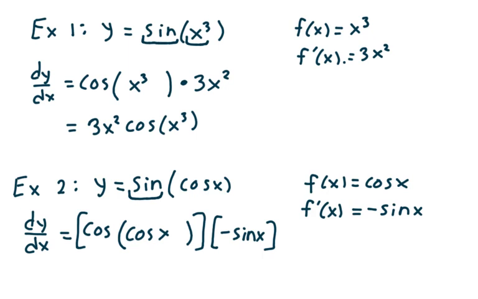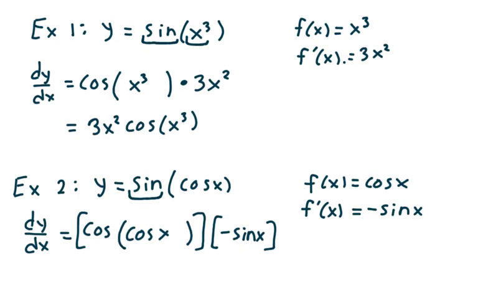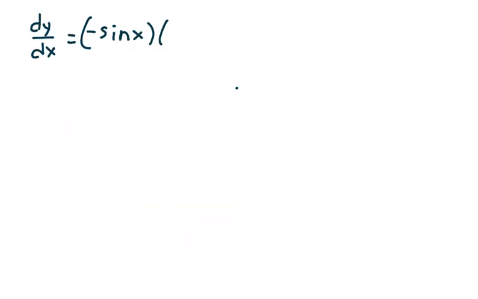So if I rewrite this slightly, I get the following. dy dx is negative sine x times, and then if you look over here, it's cosine of cosine x. You're done.